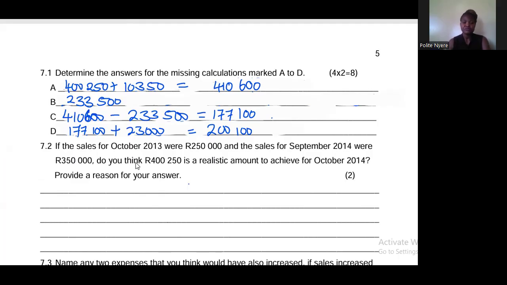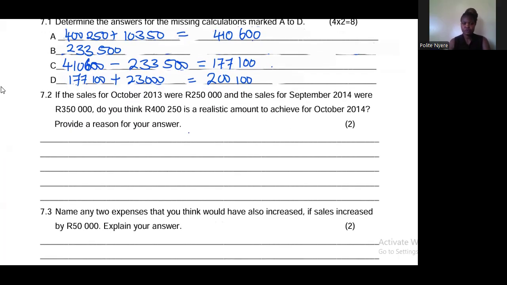If sales for October 2013 were 250,000 and the sales for September 2014 were 350,000, do you think 400,250 is a realistic amount to achieve for October 2014? Provide a reason for your answer.